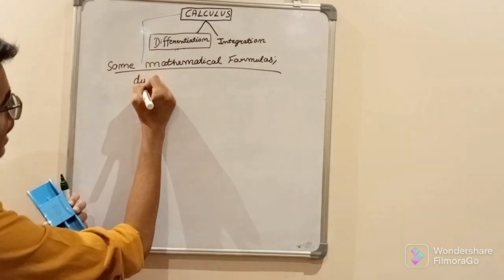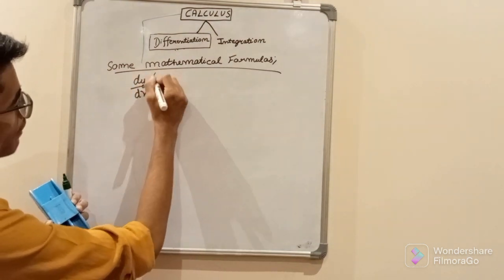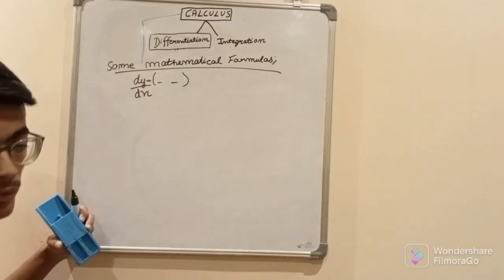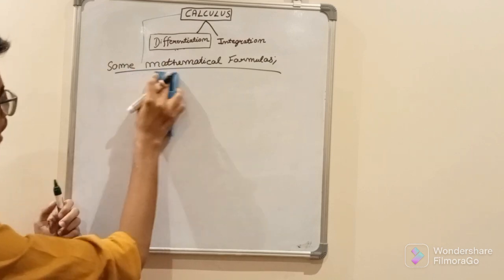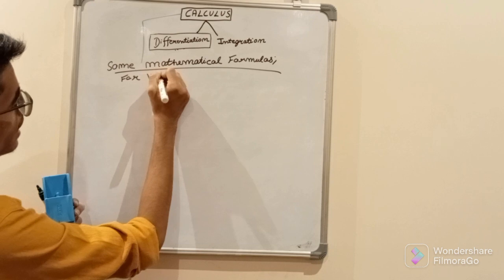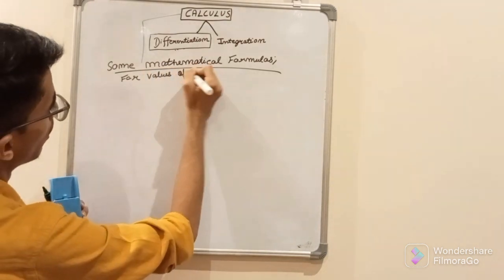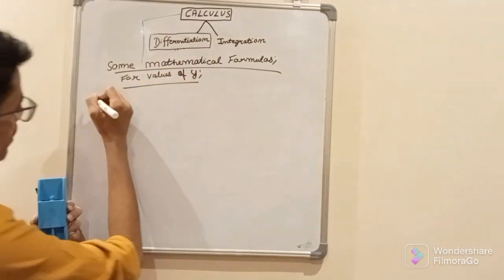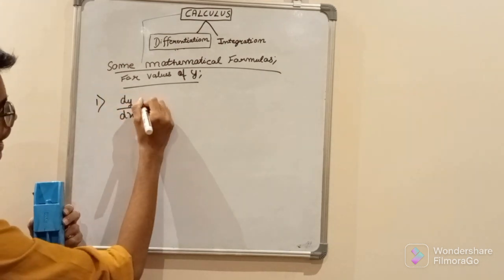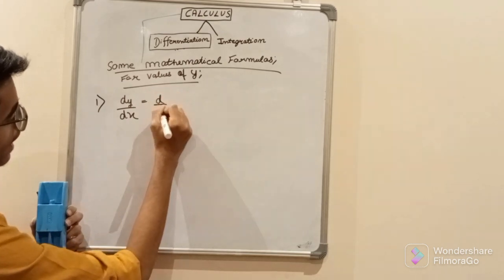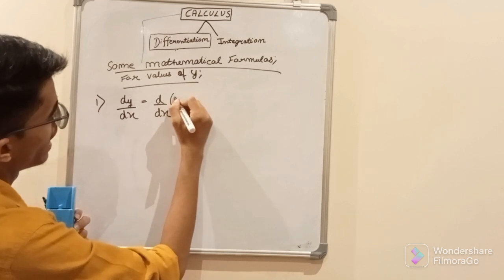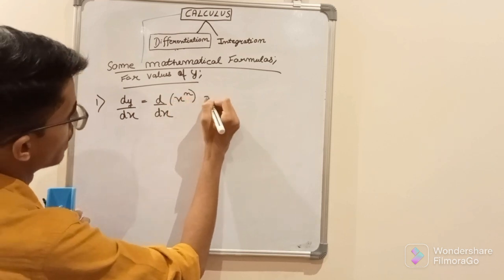We denote it as dy upon dx, and whatever the value will be here to be differentiated, that will be the value of y. So let's write here for values of y. First, dy by dx, that is equal to d by dx, and in place of y, let's say we have x to the power n.